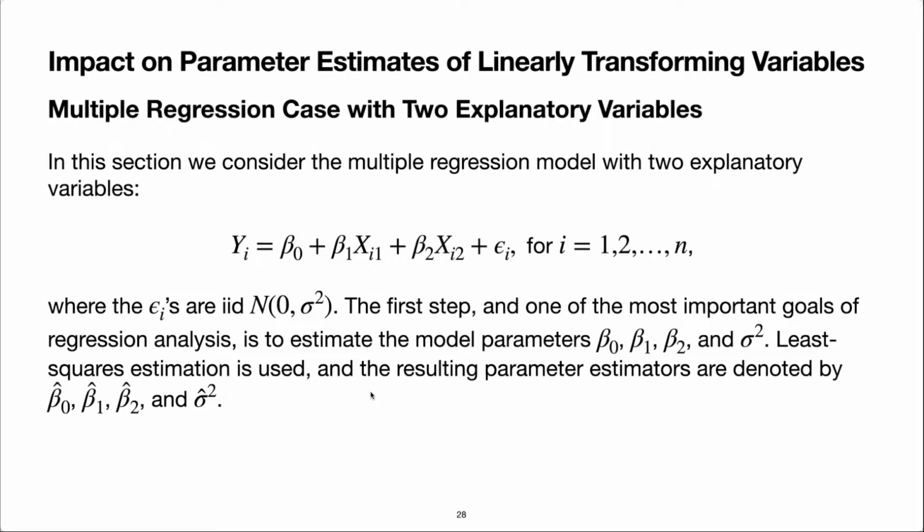As usual, we'll be using least squares estimation, and the resulting parameter estimators are denoted beta 0 hat, beta 1 hat, beta 2 hat for the estimators of the beta parameters, and then sigma hat squared is the estimator of sigma squared.